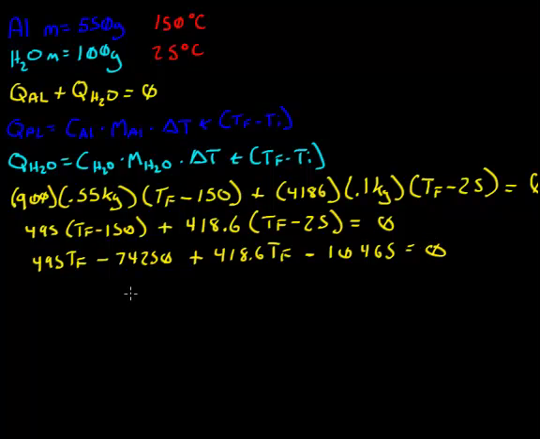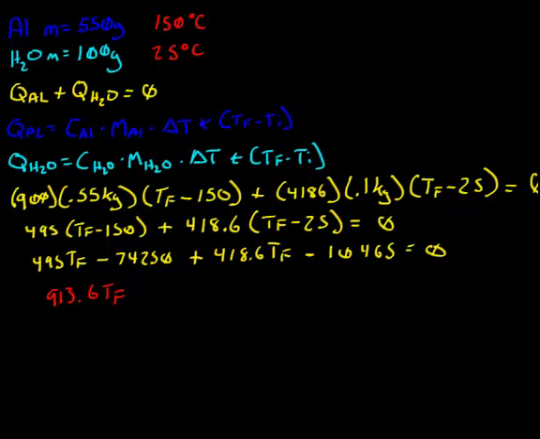Alright, so now let's add these TFs up. We've got 495 TF plus 418.6 TF, and that's going to give us 913.6 TF.